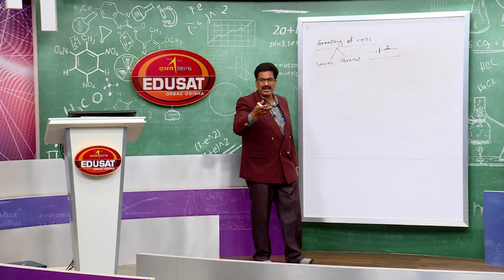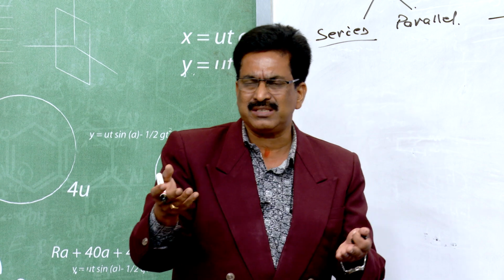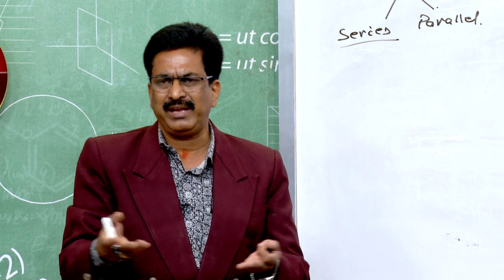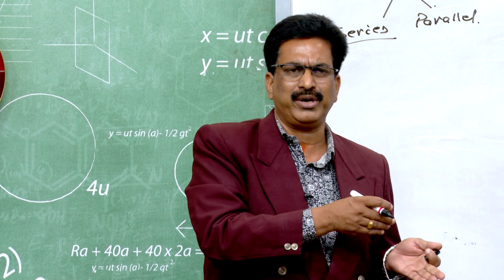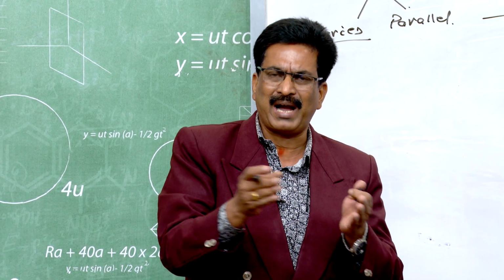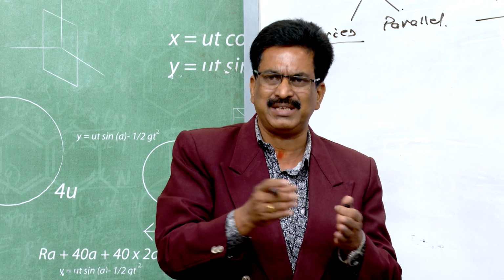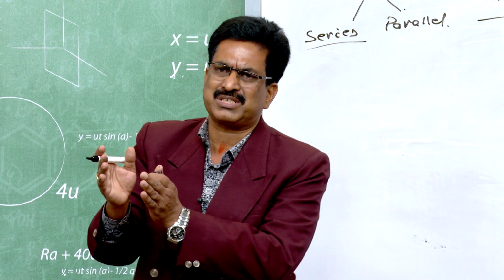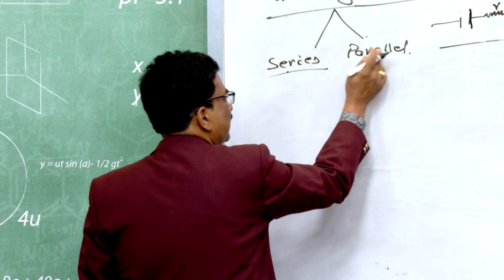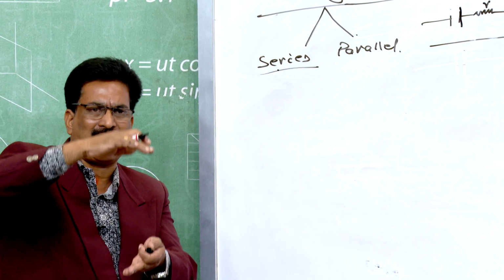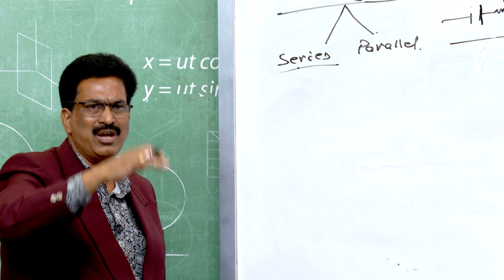Also, when a cricket series is going on, there are three one-day matches or three T20 matches, or a 5, 3 or 7 match series, where one completes and another one starts. When the grouping is made in that way, that is series, and in parallel they are of similar size and placed side by side.